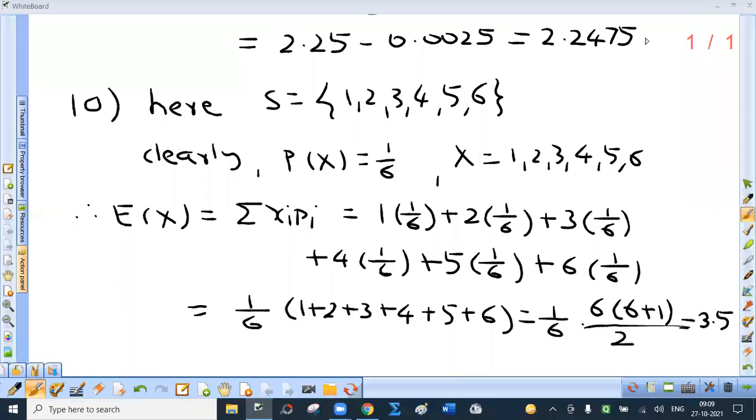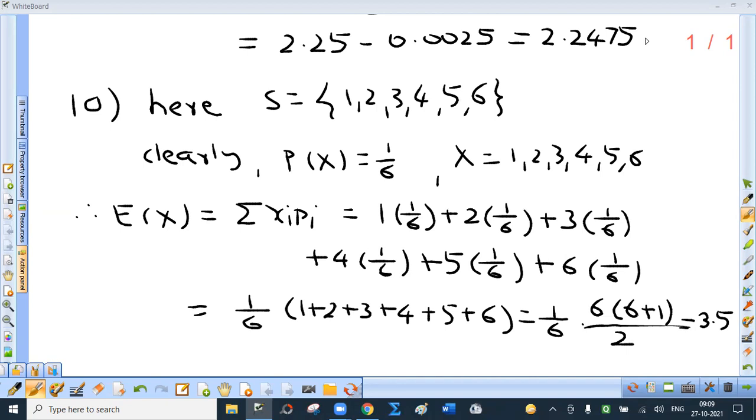Sum number 10. Find expected value and variance of x, where x is number obtained on the uppermost face when a fair die is thrown. See, fair die is thrown. So all these events are equally likely. Which events? Of getting number 1 or 2 or 3 or 4 or 5 or 6 on the top. What do you mean by equally likely? Means we cannot expect occurrence of one in preference to other.